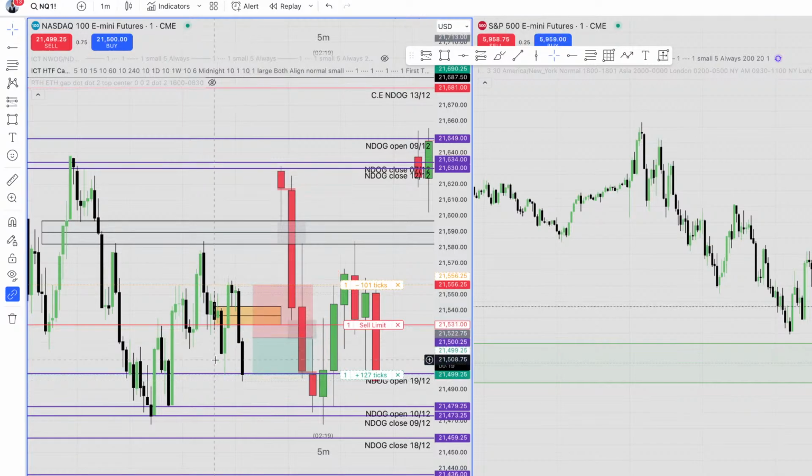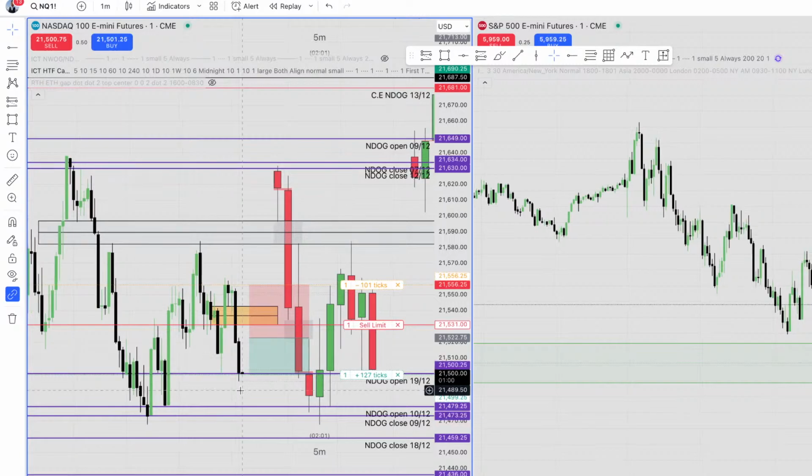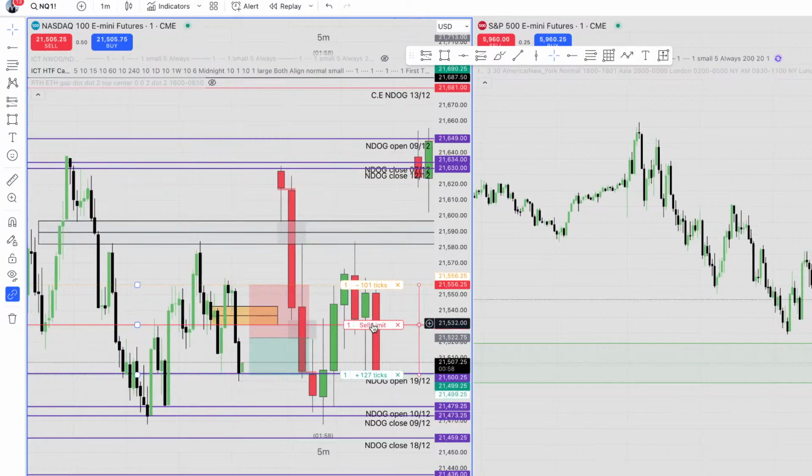I mean, what else? I put my stop loss here and it stepped me out. I was very confident of the trade. It is obvious at this point. I still believe it's going to go lower.